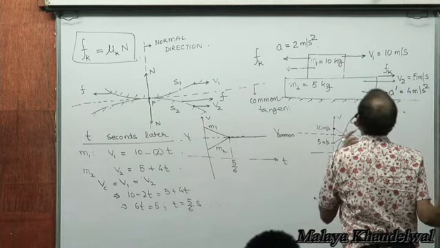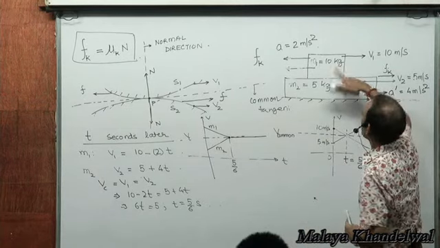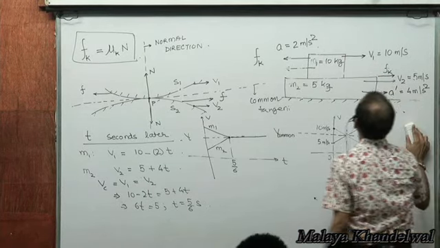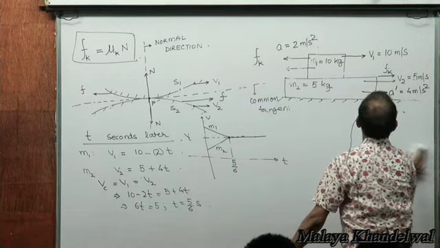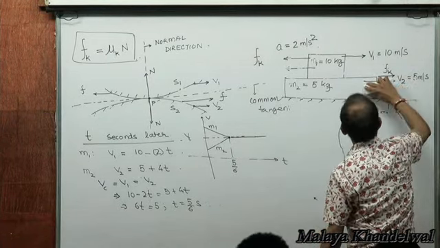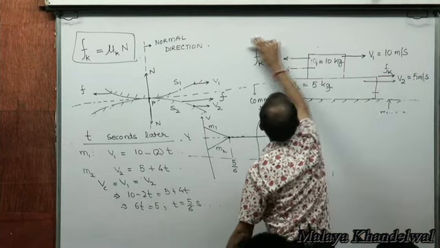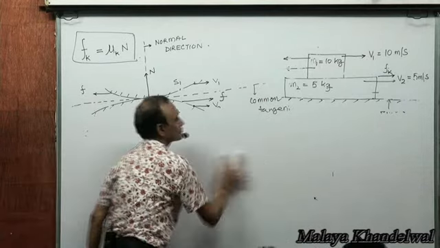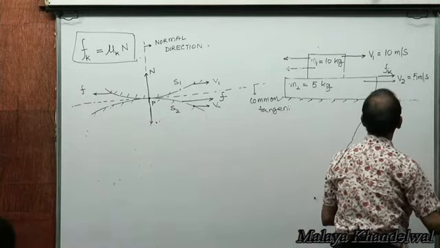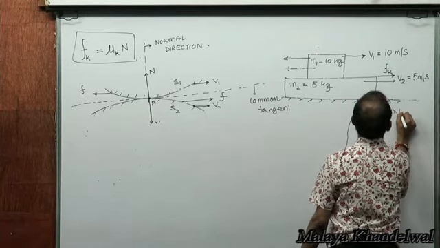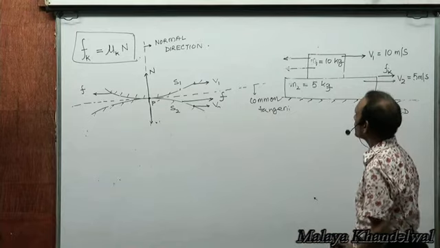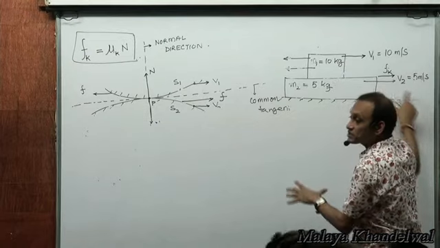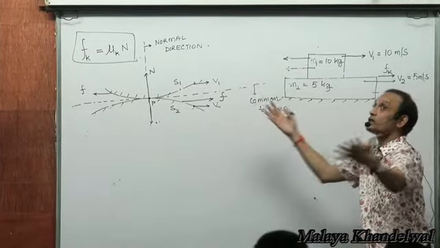Now, this was a situation where we had no acceleration of the system in the upward direction. But we could have had a situation where, in addition to V1 and V2 having velocities in this direction, the whole system was placed on a platform.